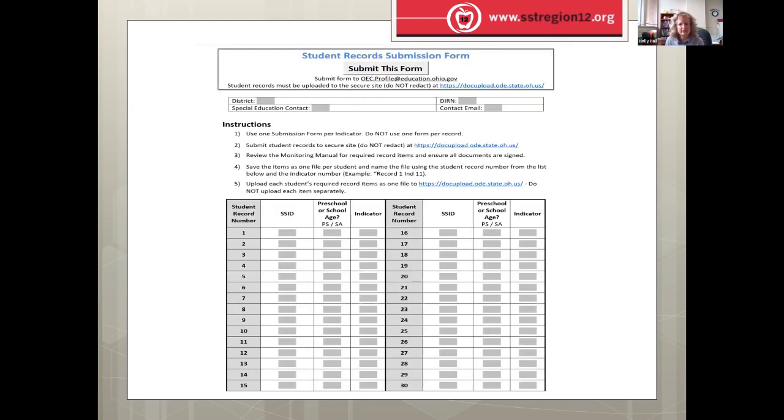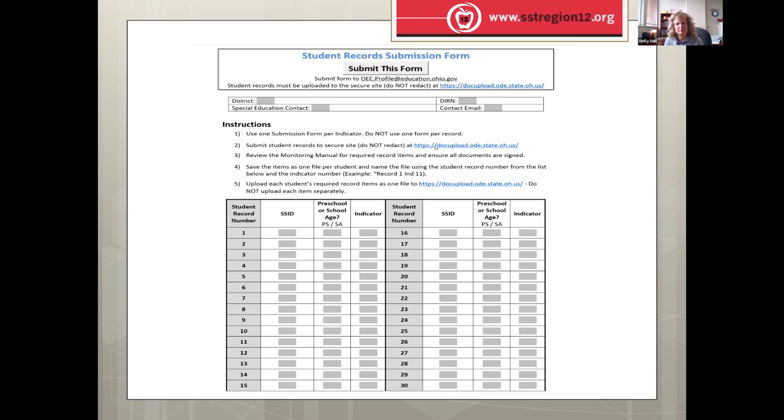And then in terms of record submission, this is the specific form that we would want to be using, and it outlines all of the instructions here for you. We're going to use one submission per indicator. And it's not one of these forms per record, but all of the records for that one particular indicator finding.